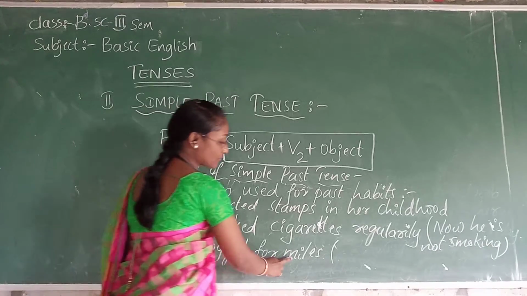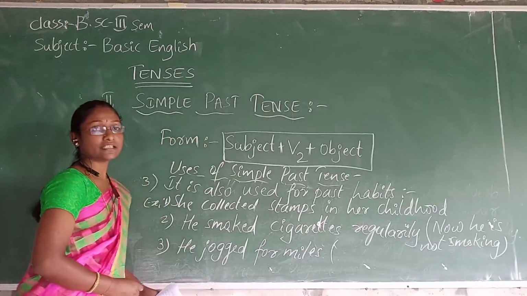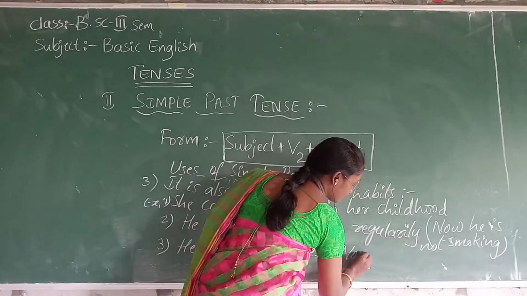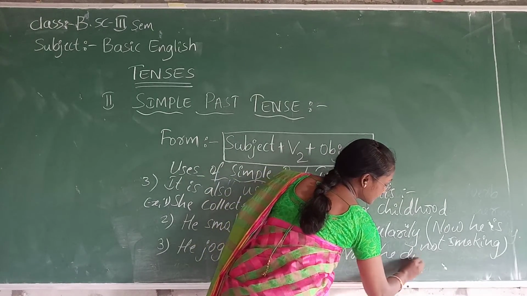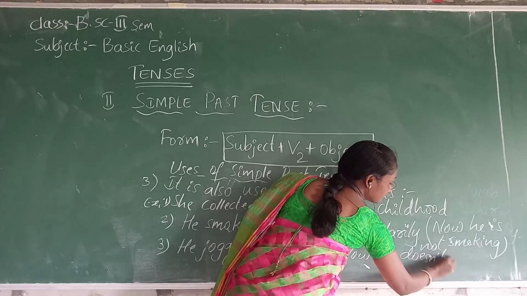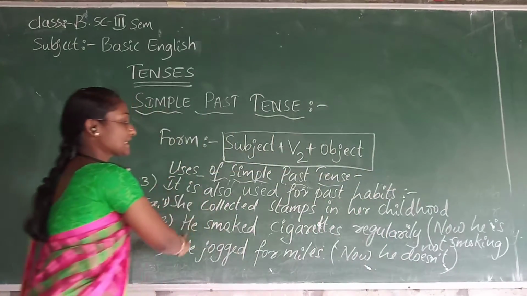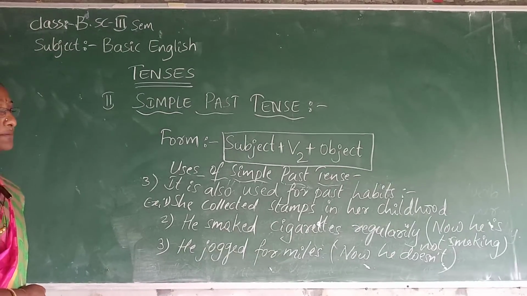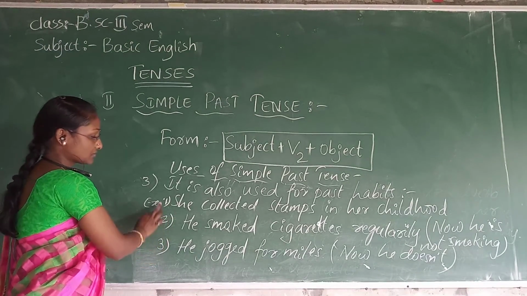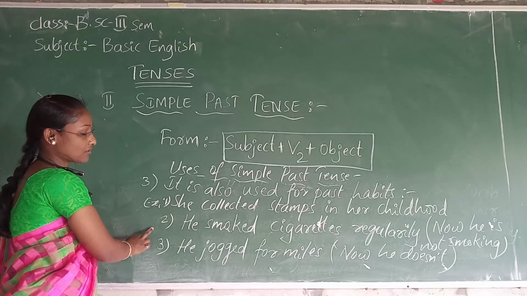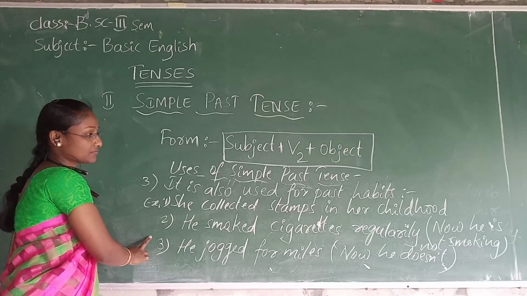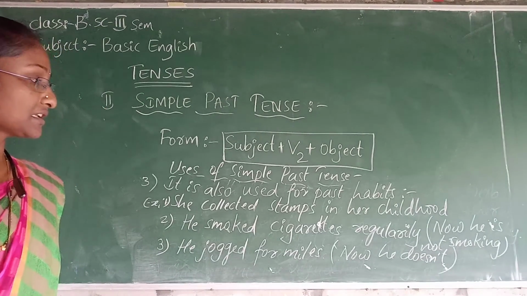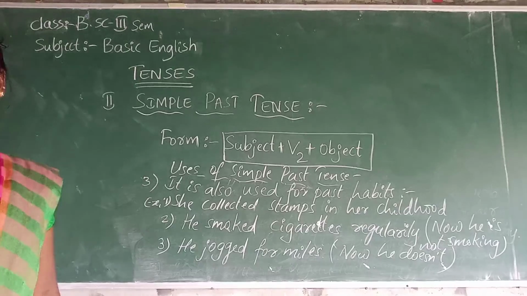He jogged for miles means he doesn't now. All these are uses of simple past tense. It is the past habit of a person which he no longer continues.